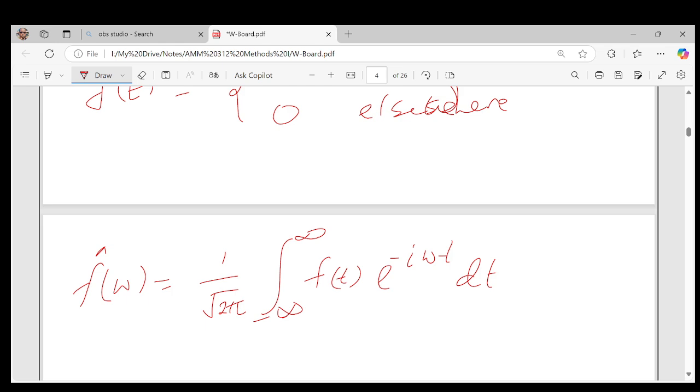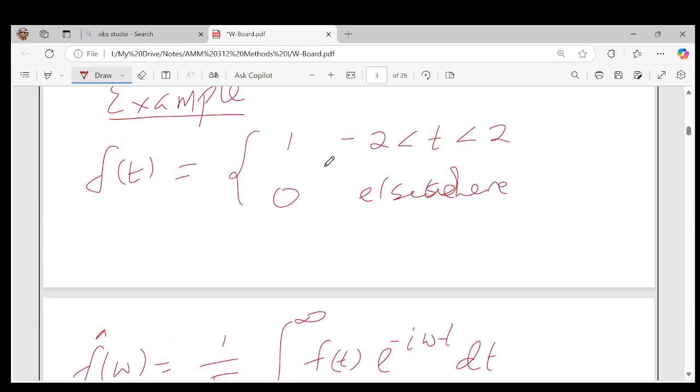Notice that the function is 0 in all sections except between t is -2 and +2, where it is 1.